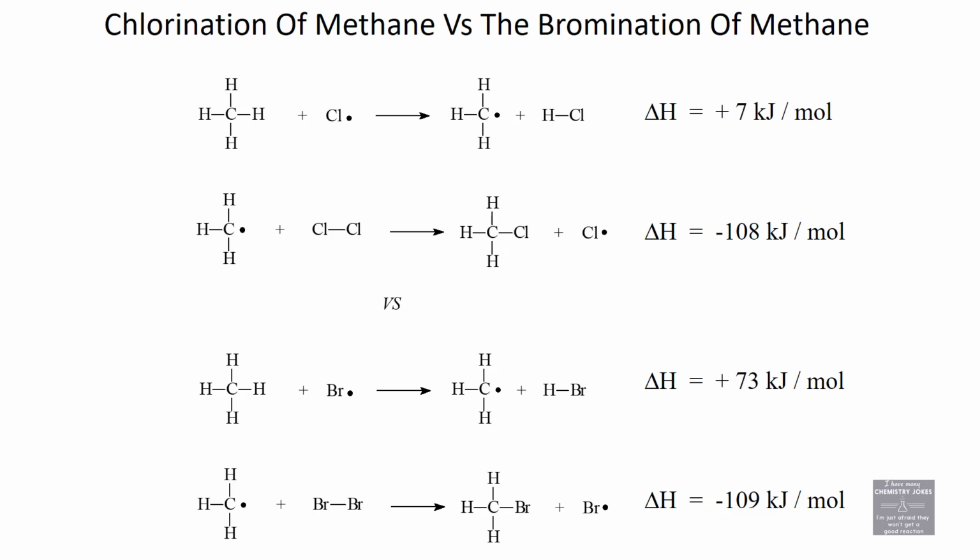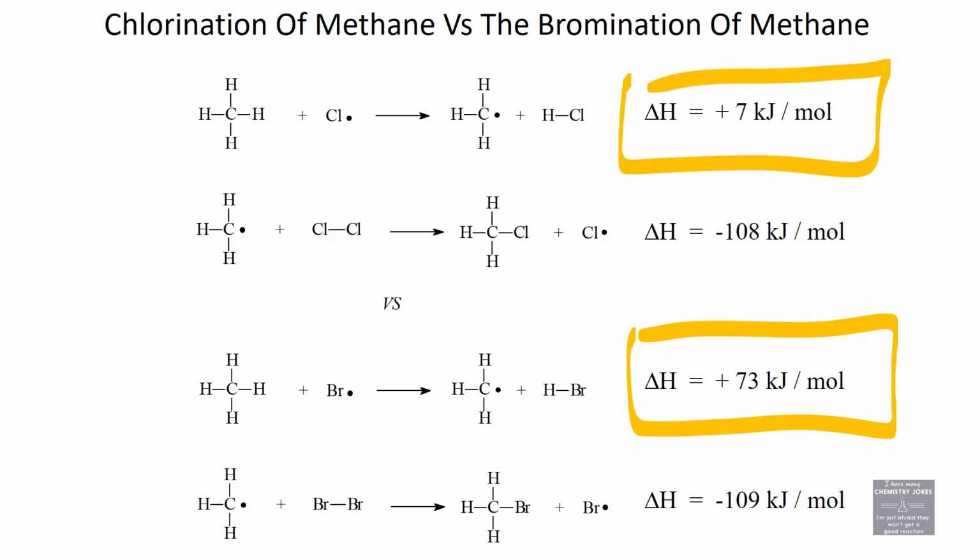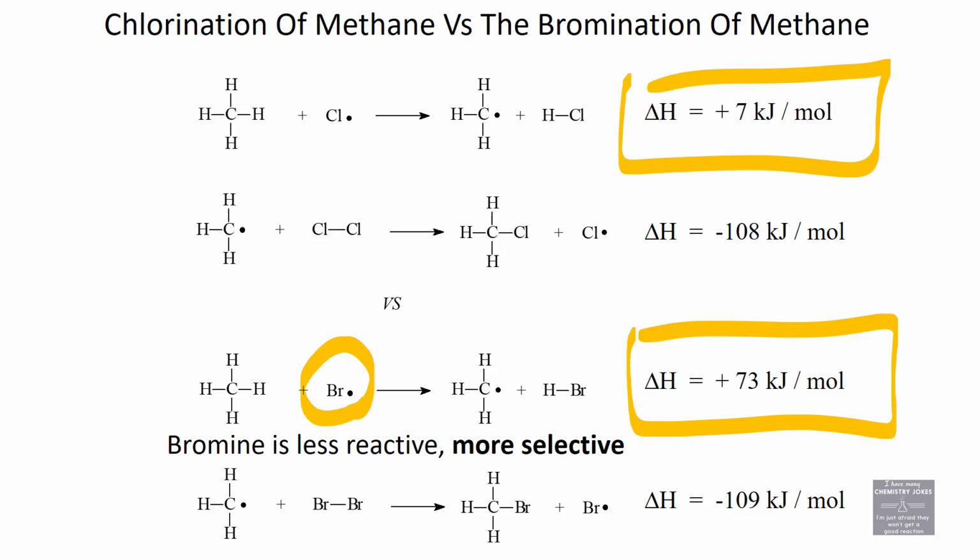Interesting. The second propagation step for chlorine, negative 108. Second propagation for bromine, negative 109. There's something that's pretty different about those two numbers. What that actually translates to is that the bromine radical is more selective than the chlorine radical because the bromine radical is less reactive.